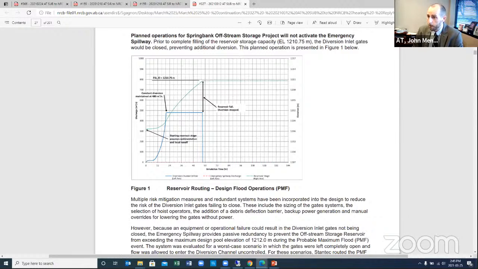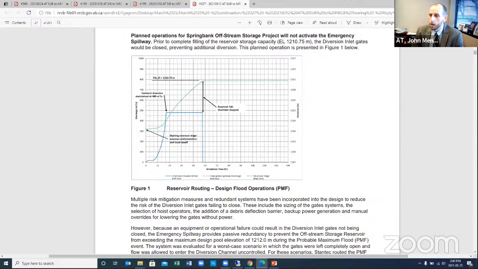That 25% buffer, as we have explained previously, was to allow for some flexibility in operations, to allow for potential impacts from sediment or debris at the time of consideration. And so the operators will have some flexible range to operate the structure.